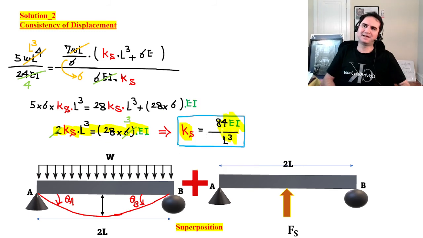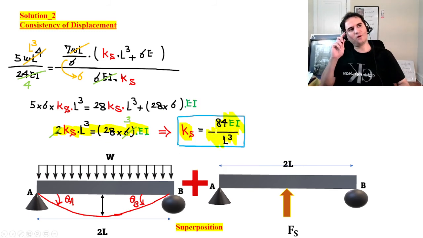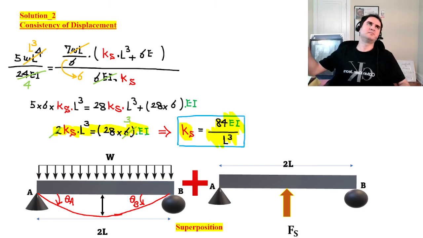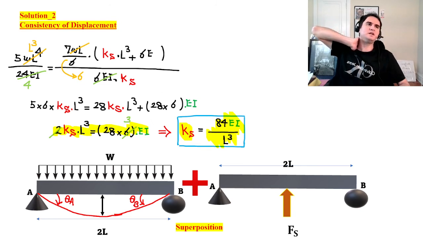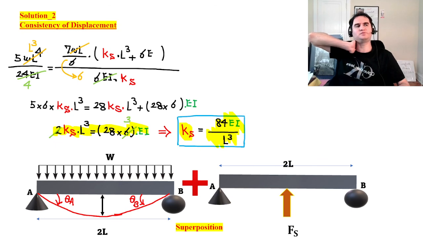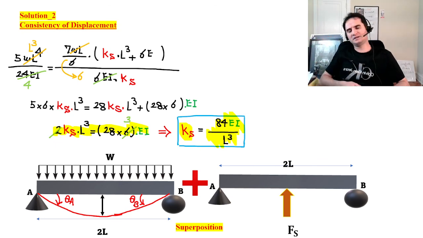And that's what we solved in the previous example by calculating the second moment area theorem, the area under the M over EI times the centroid to one of the points. So this is far simpler.